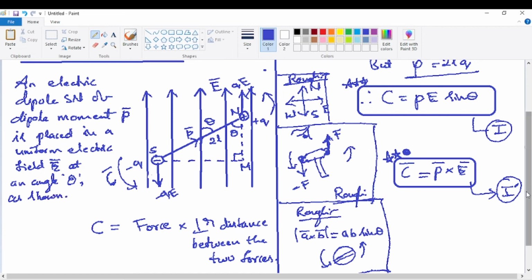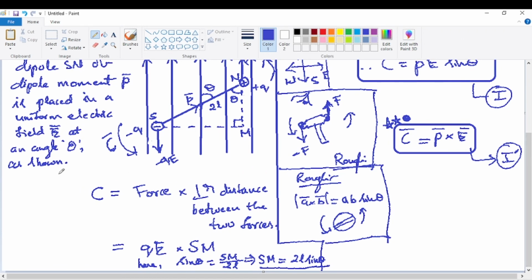So next, another small line should be written. The two charges experience equal and opposite forces, plus QE and minus QE.